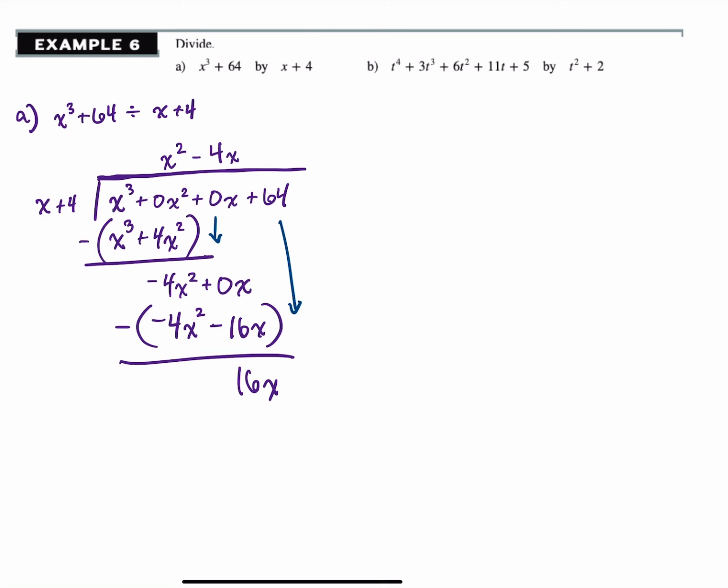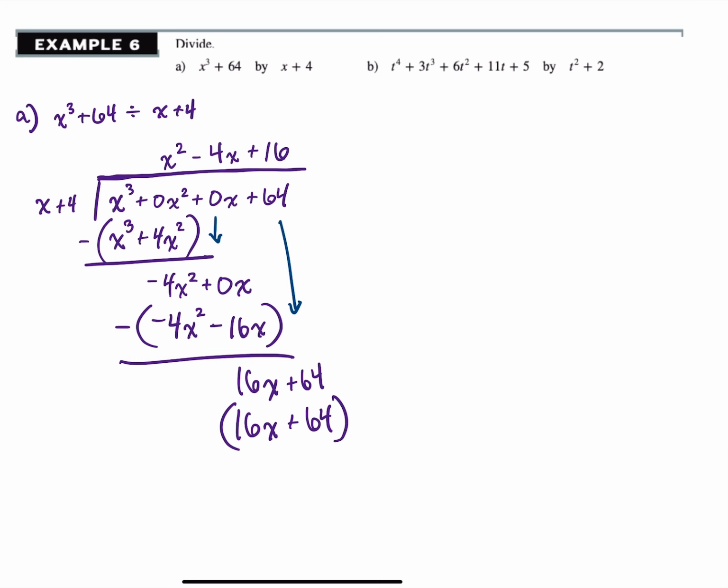And let's bring down the next term. So plus 64. I have x. I want to make it 16x, so I just need to multiply by positive 16. When we do that, 16 times x is our 16x. And then 16 times 4 will give us positive 64.